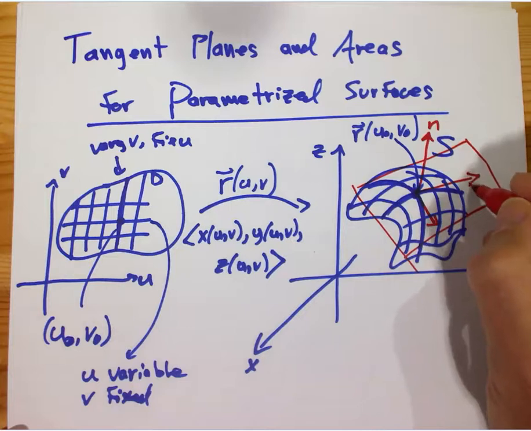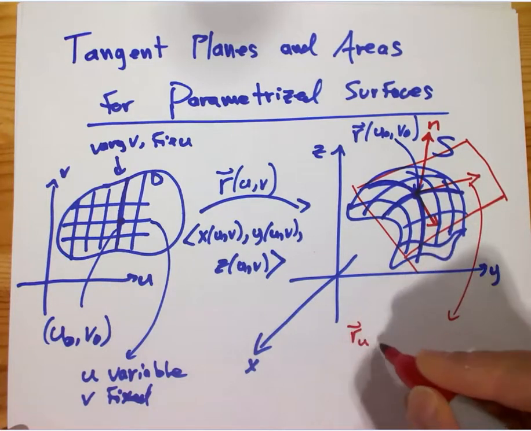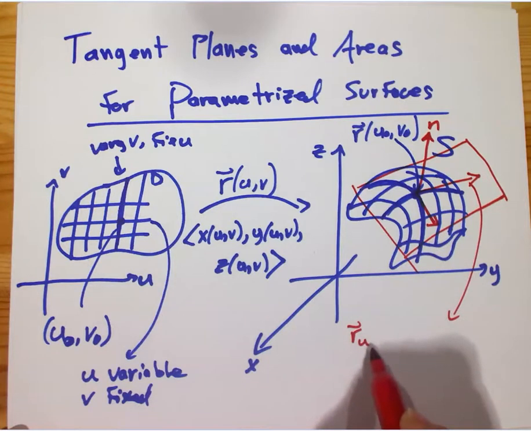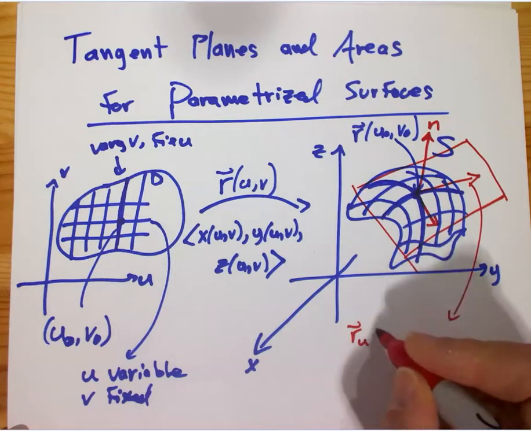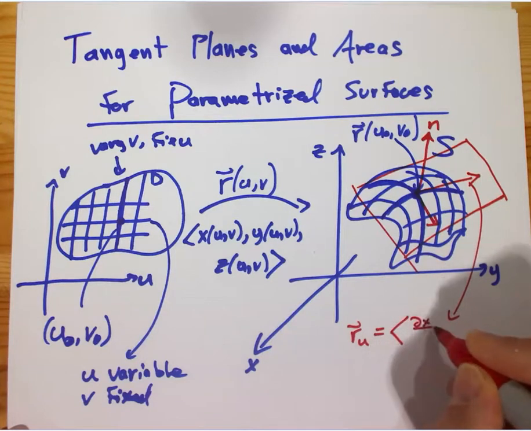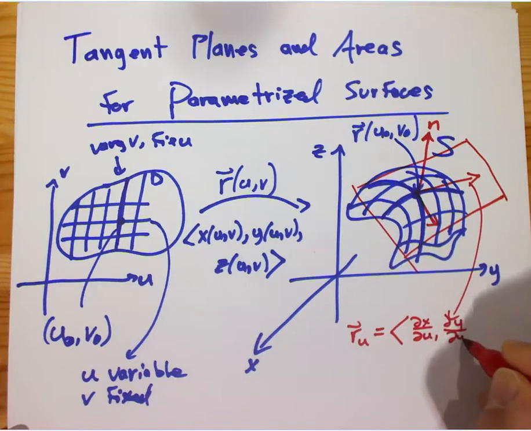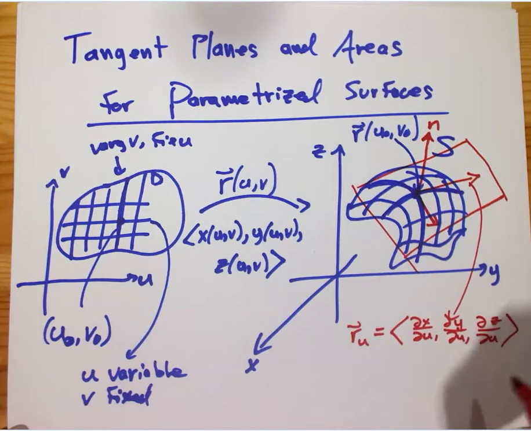So this one is going to be, we're going to call it r_u. That's just the subscript u, as in the partial derivative with respect to u. And that's just going to have components dx/du, dy/du, and dz/du. Great.